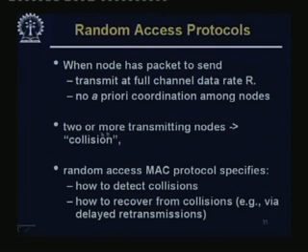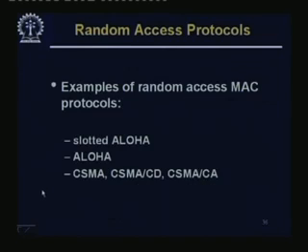If two or more transmitting nodes start transmitting at the same time, we have a collision. A random access MAC protocol specifies how to detect collisions, how you know that your frame has collided, and how to recover from collisions, for example via delayed retransmission. So, these are the two parts of any random access MAC protocol.